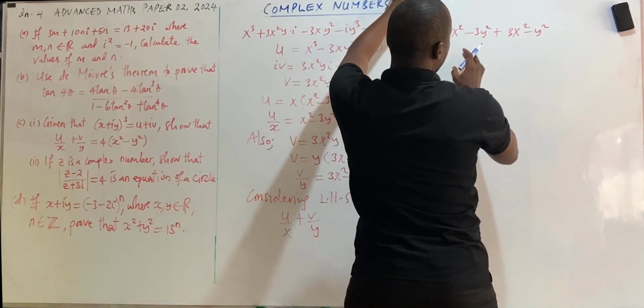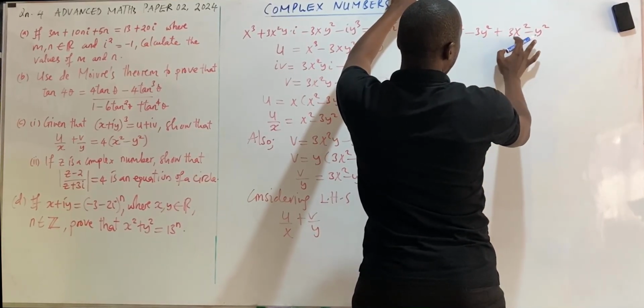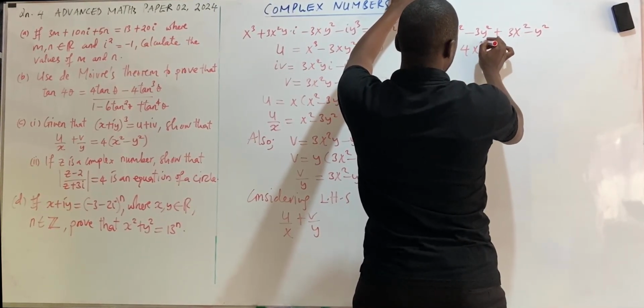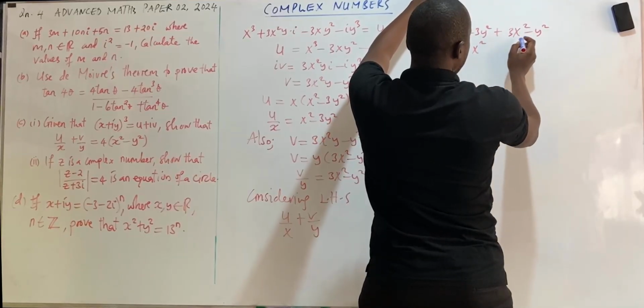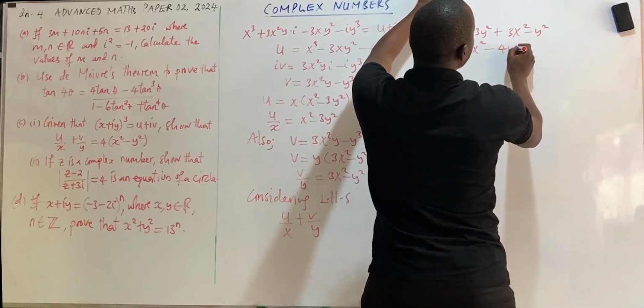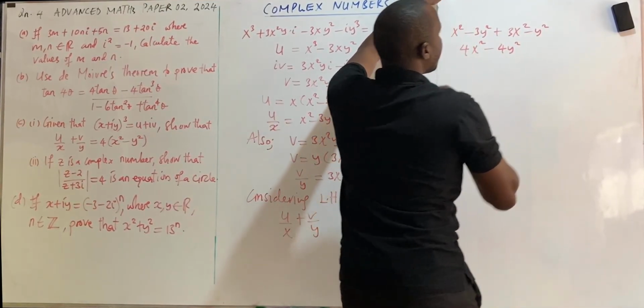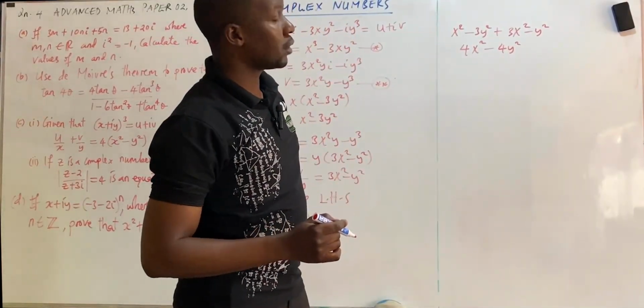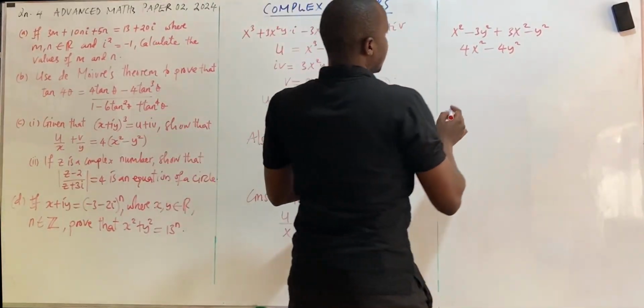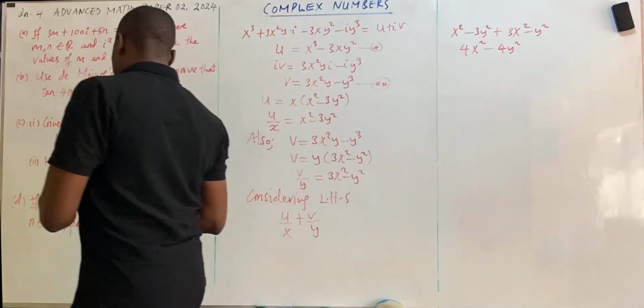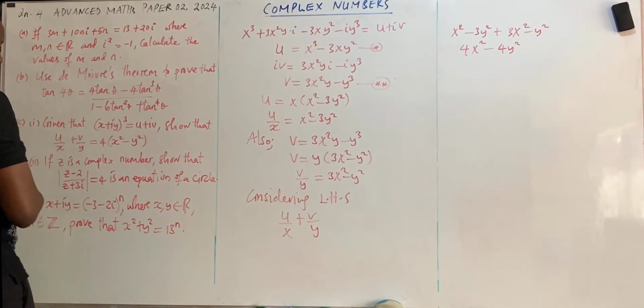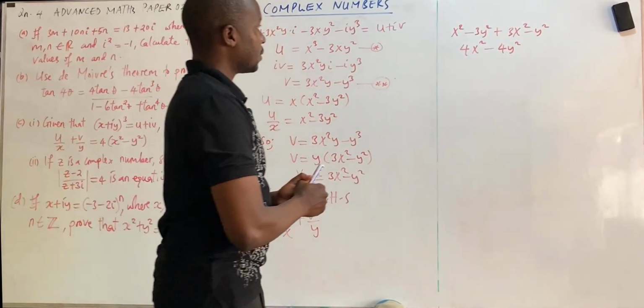So from here, operating the like terms, x squared plus 3x squared, we get 4x squared. And then we have minus 4y squared, because negative 3y squared minus y squared is equal to negative 4y squared. So for us to get this right-hand side, we can factor out the common term. The common term there is 4.